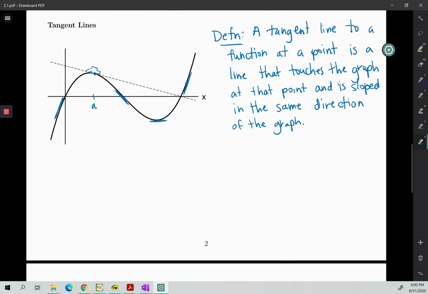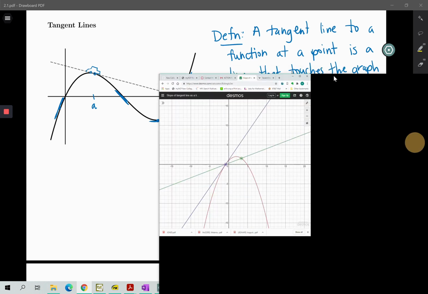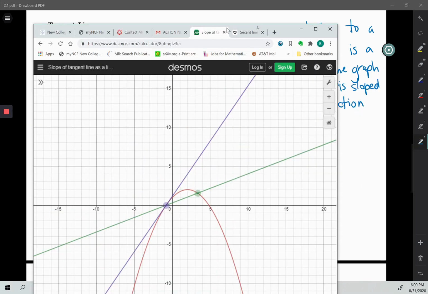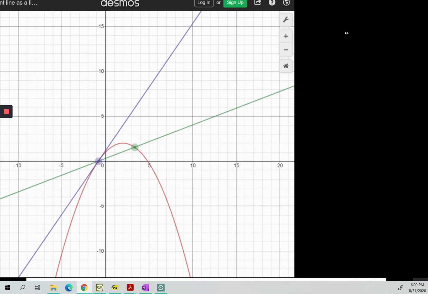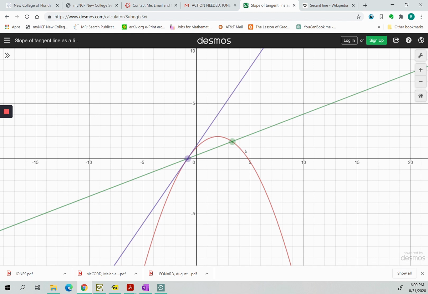I wanted to show you something that is on another screen. So let me see if I can do that. I think I have to drag it over. Okay, I hope you can see this.